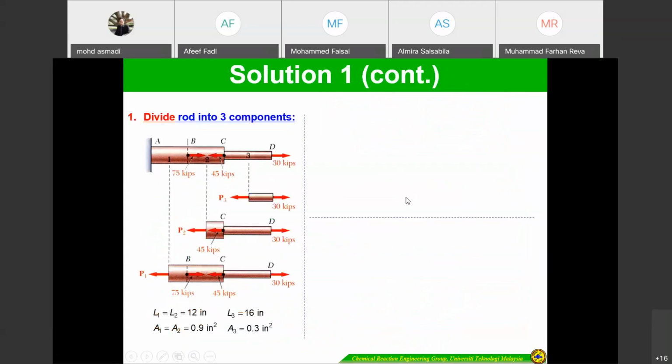So if you look at here, what we have to do, this one, right? Same, this is what I told you. This is actually the main and original figure.